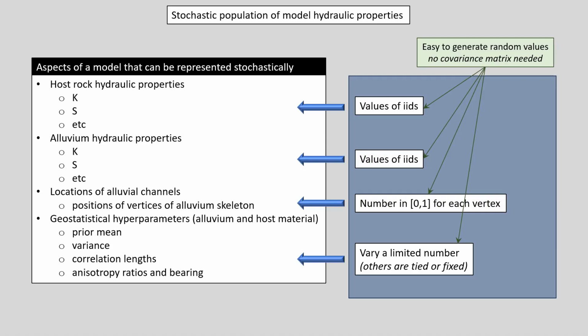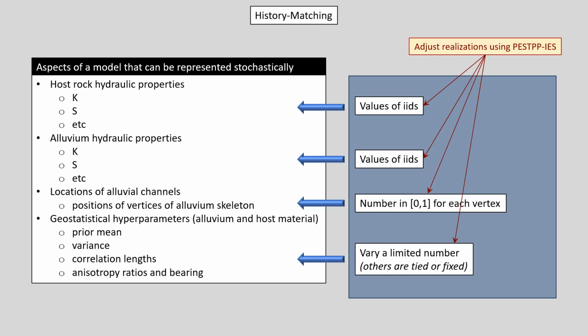The random number generation required to produce fairly sophisticated hydraulic property fields for a model becomes a fairly easy process. Once we've generated random realizations of these hydraulic properties, they can be adjusted using PESTPP-IES. In this case, the values of the random variables are provided to PLPROC from outside, and PLPROC just undertakes the spatial integration, the moving of the alluvial channels and other things like that.